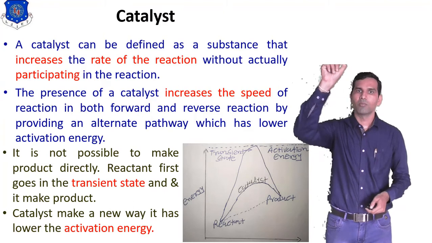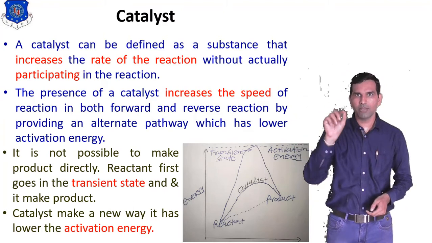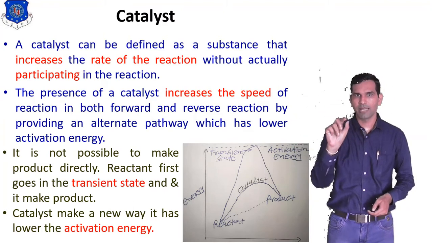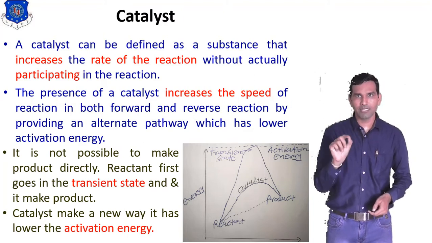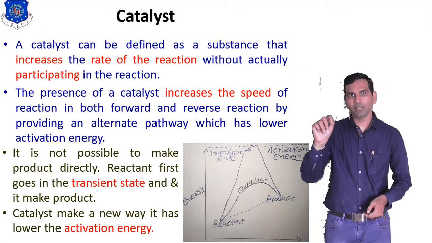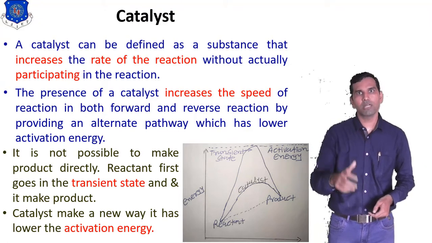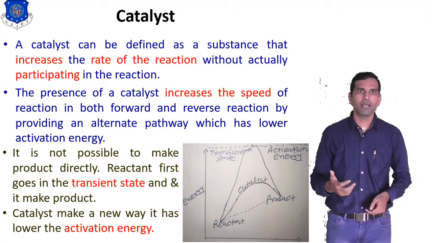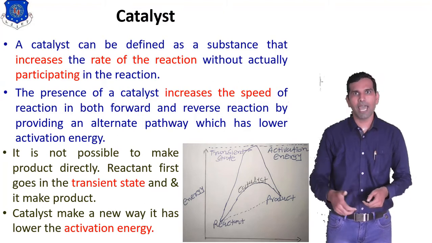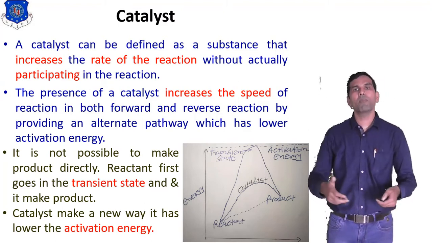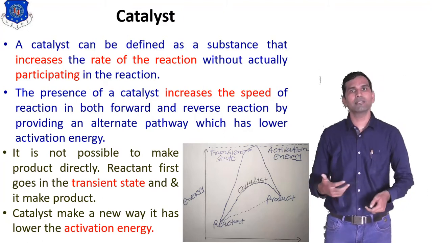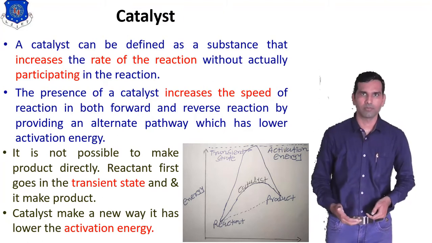Then it makes a product. But here you can see the second path chosen by the catalyst. That means the catalyst takes a direct path and reduces the time. So the catalyst helps to increase the rate of reaction.